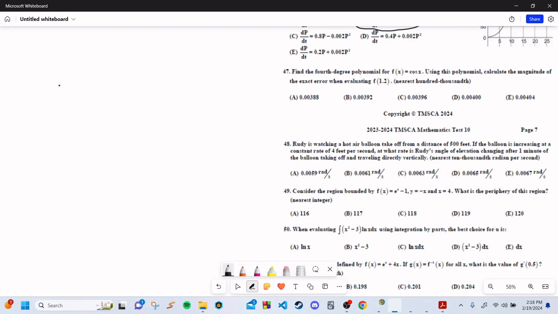Okay. So what you want to know here is the Taylor series of cos of x. I'm going to show you two ways to do this problem: the by-hand way and the calculator way. So by hand, the expression for cos of x.